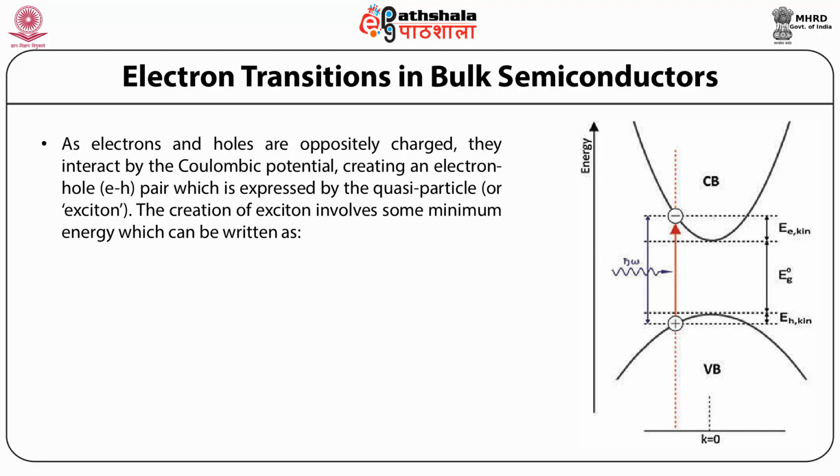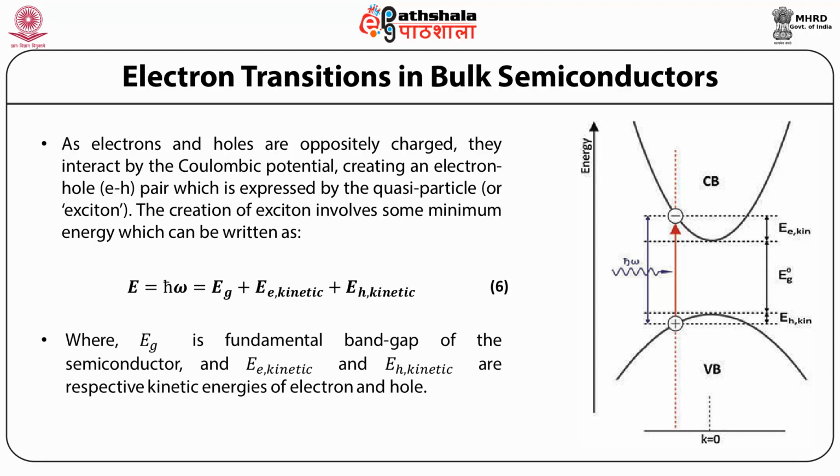The creation of an exciton involves some minimum energy, which can be written as E equal to ħω equal to Eg plus E kinetic plus H kinetic, where Eg is the fundamental band gap of the semiconductor. E kinetic and H kinetic are the respective kinetic energies of the electron and hole.